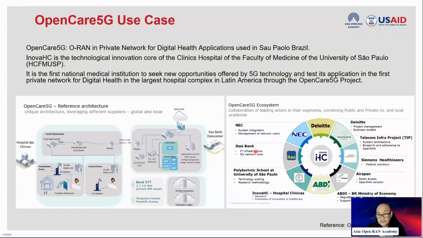It's located in the Ipiranga neighborhood, 9 kilometers from the university, with the land-to-land fiber optic connection provided by the local telecom company. Siemens Health Engineers, NEC, Telecom Infra Project, ABDI, or the Brazilian Agency for Industrial Development, and IDB, or the Inter-American Development Bank, were included.